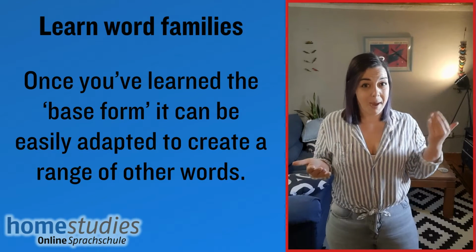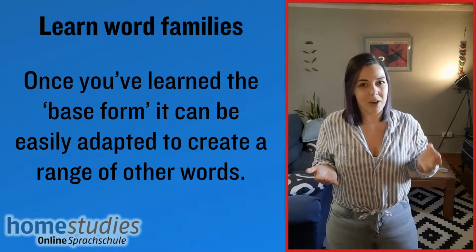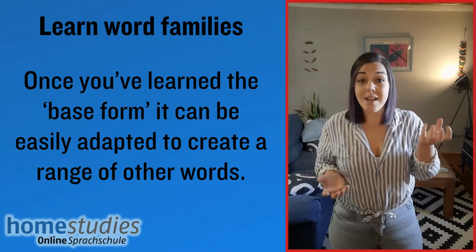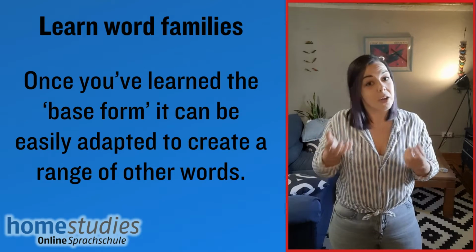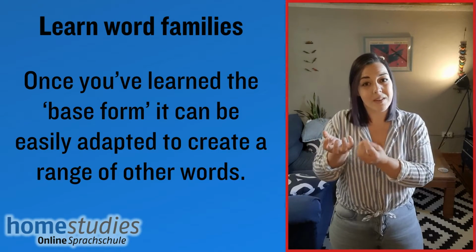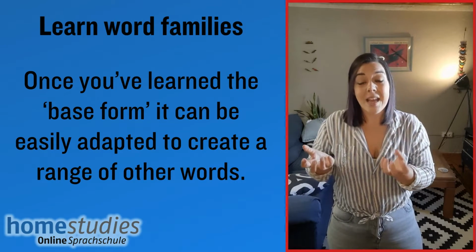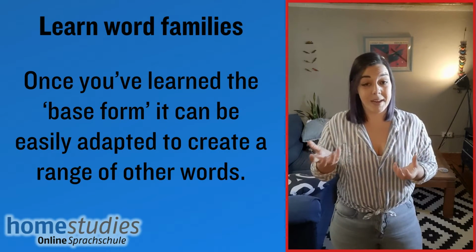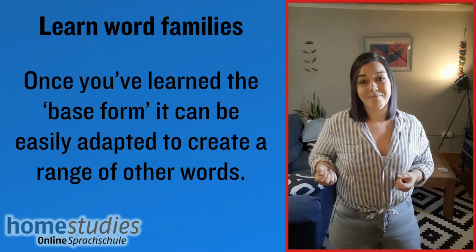So keep this in mind when you are learning new vocabulary. What type of word is it that you've learned, and what is the base form? Because when you know that base form, you can quite easily adapt it to an adjective or an adverb or a verb or a noun, depending on its original base.